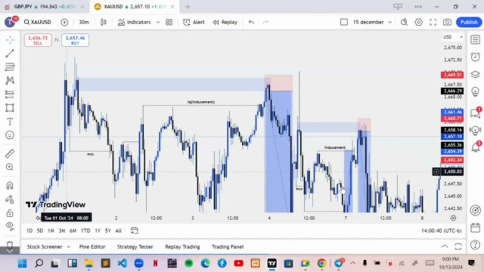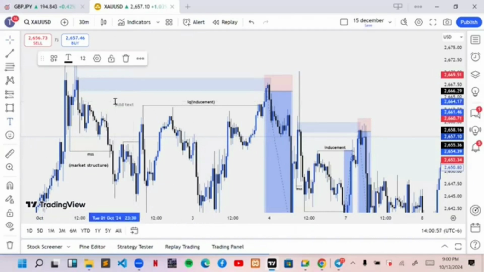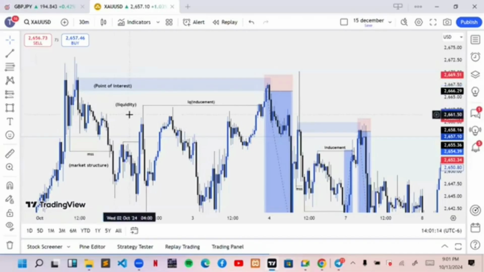So we can see the three parts of this strategy: market structure, liquidity, point of interest.